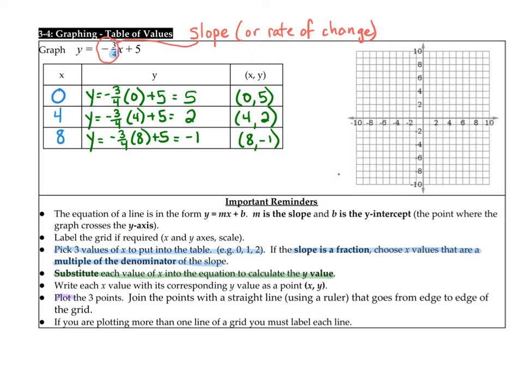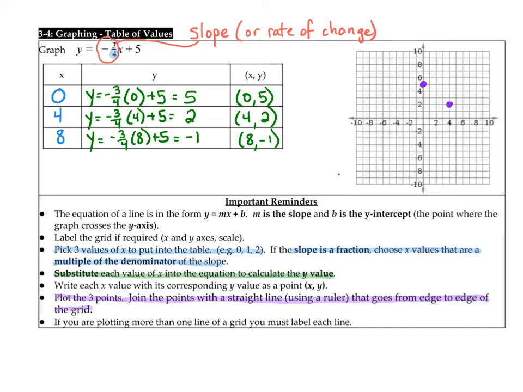Now what you're going to do is plot the 3 points and join the 3 points with a straight line using a ruler, and make sure you go from edge to edge on the grid. Our first point is 0, 5, so that point is here. Our next point is 4, 2, and that point is here.